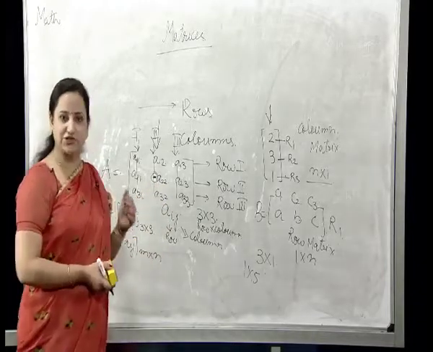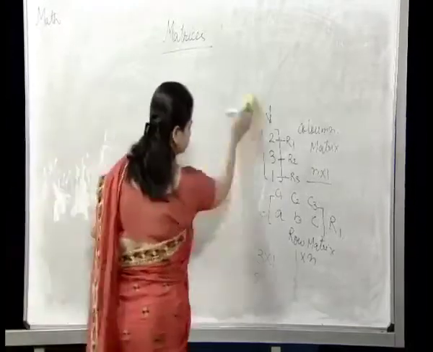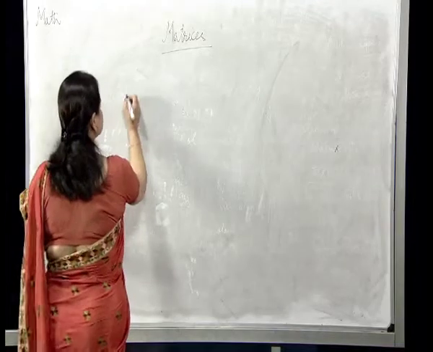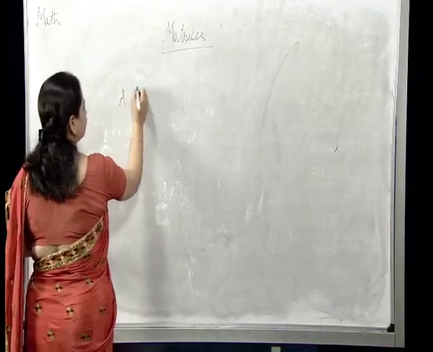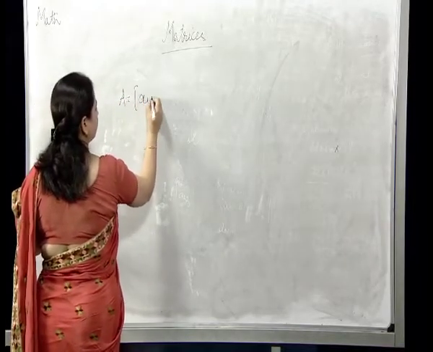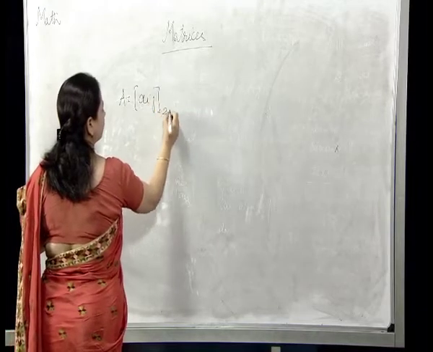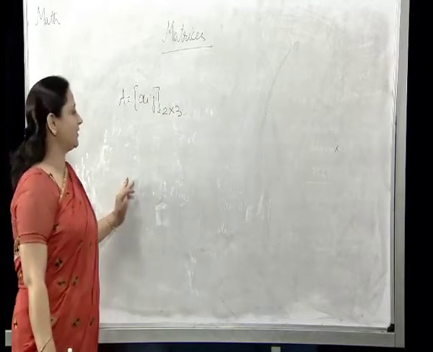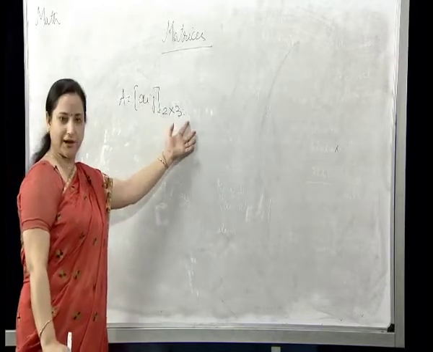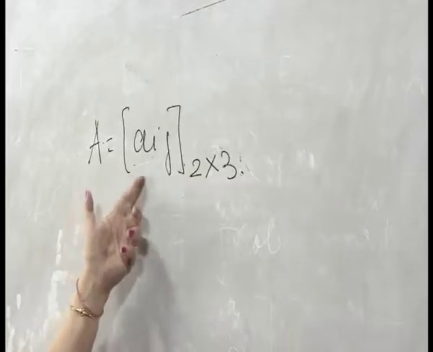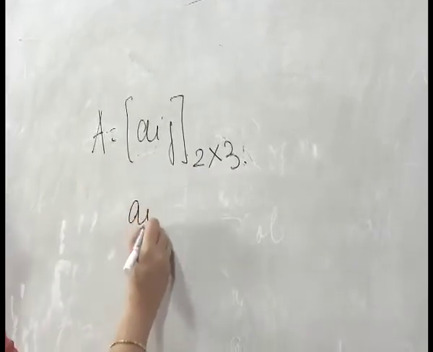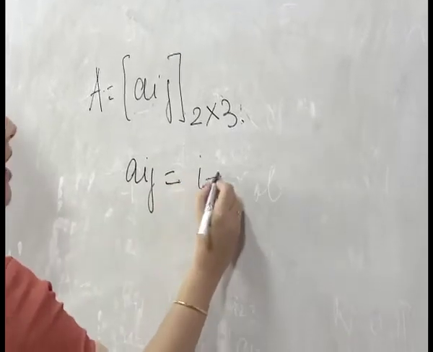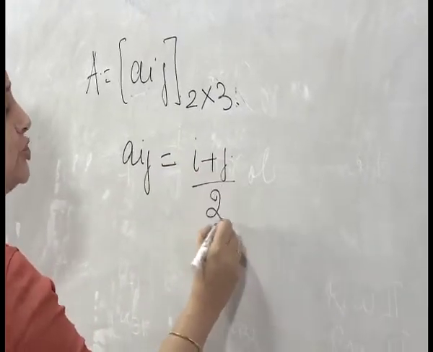Now let's construct a matrix. If you want to construct a matrix A, you have to construct a matrix of order 2 by 3, and it is given that the element Aij is given by (i plus j) by 2.